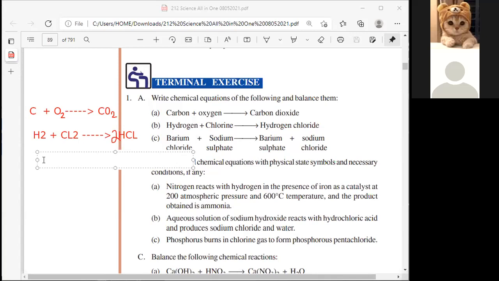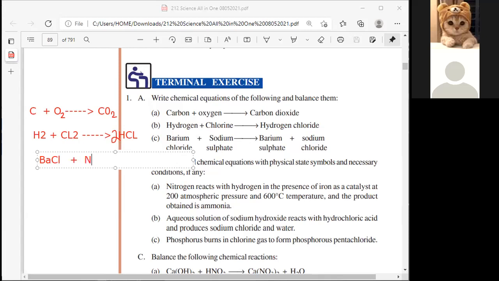Do you know how barium chloride is written? BaCl. Okay. BaCl2. Am I right? BaCl2 plus sodium sulphate.